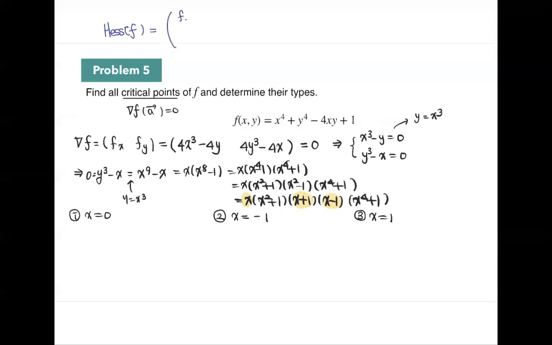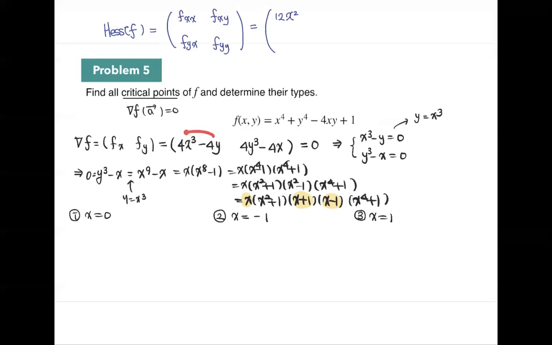It is fxx, fxy, fyx, fyy. First, we know fx, and if we take the partial derivative with respect to x, we get 12 times x squared here.